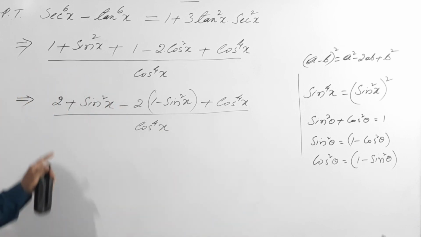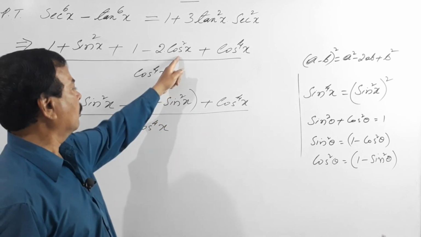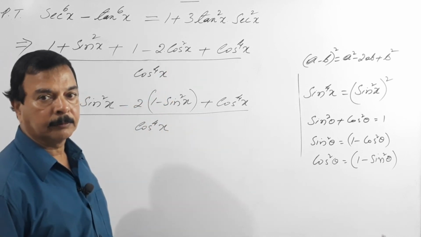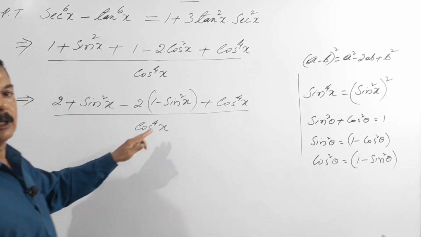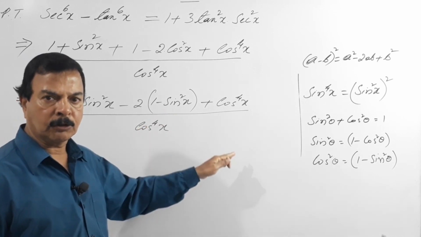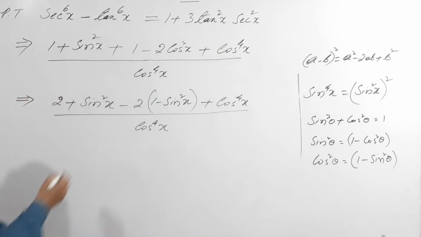इसके बाद क्या करने वाला हूँ, इनको मल्टीप्लाई करूँगा. सो मैंने क्या किया, इस कॉस स्क्वायर को 1 में साइन स्क्वायर में कन्वर्ट कर लिया. सो नेक्स्ट, बिकॉज मुझे हर कुछ कॉस में चाहिए, डिनोमिनेटर हर कुछ कॉस में चाहिए, तभी तो आपको ये मिलेगा, वरना नहीं मिलेगा. तो इसको क्या करेंगे, सॉल्व करेंगे.